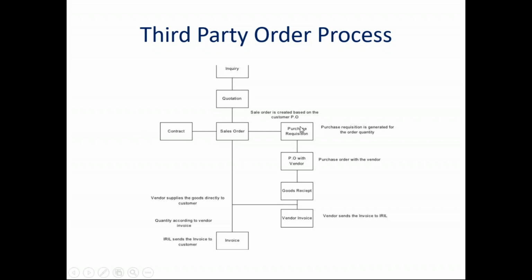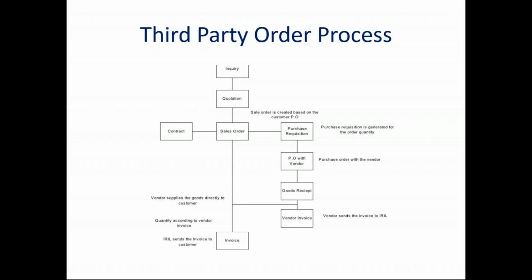When you save the sales order, the system will create the purchase order, and then you need to perform the goods receipt which is accepted by the customer, and then you need to receive the invoice from the vendor, and finally you need to bill the customer.